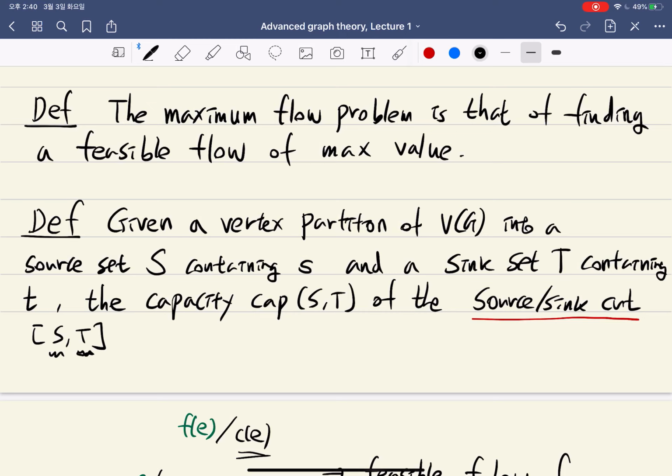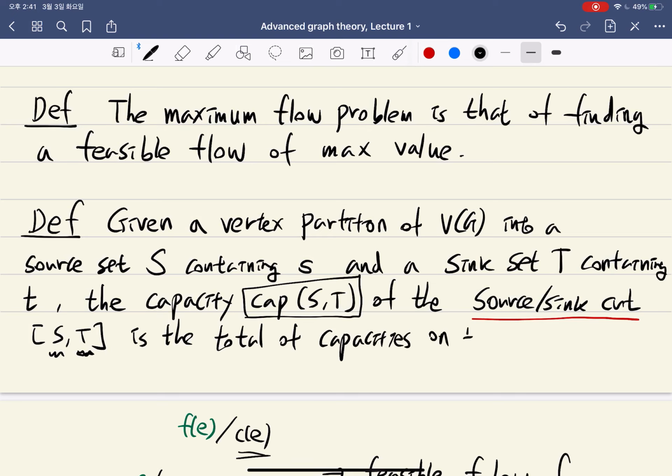And we define the capacity, which we write as cap of (S, T), as the total of capacities on the edges of this cut.